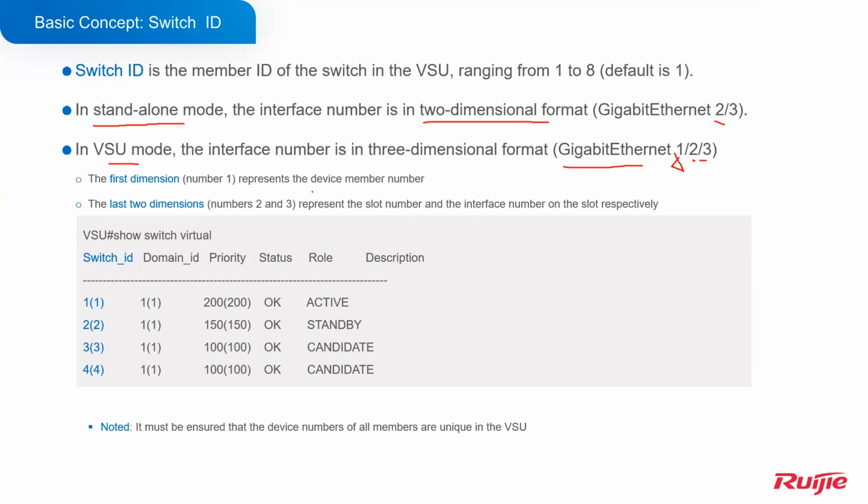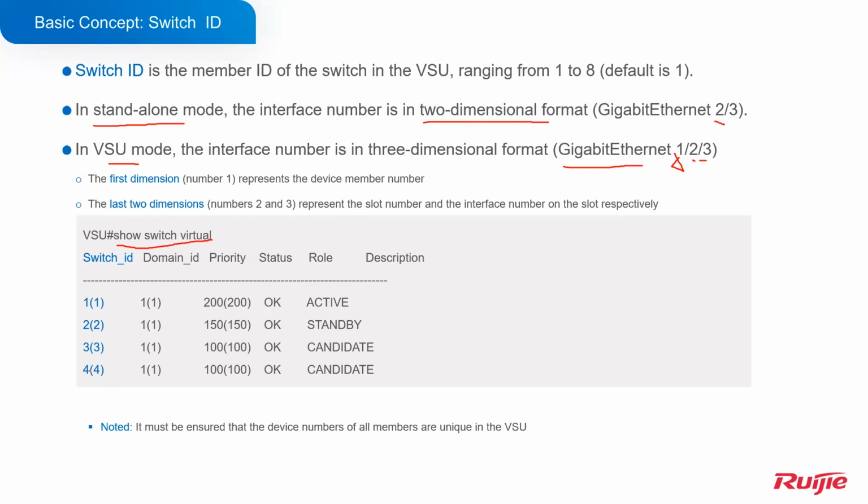So each number has a different meaning. How do we recognize the switch ID? You can use the command show switch virtual, and the first line is the switch ID number. Here there are 4 switches in the VSU, with switch IDs 1, 2, 3, 4.